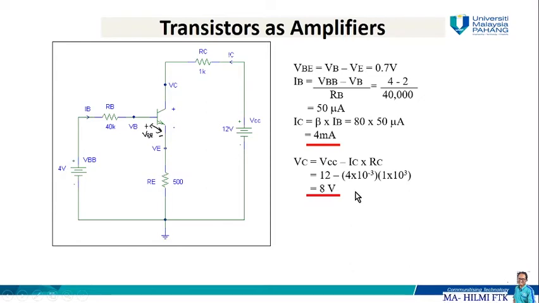And if you want to proceed, we can also find the voltage between collector and emitter, the output voltage, VC minus VE. VC is 8 and VE is 1.3, and we should get VCE is 6.7 volt.